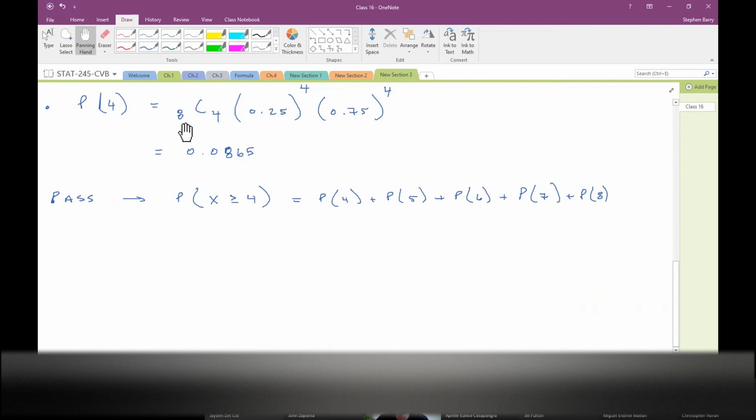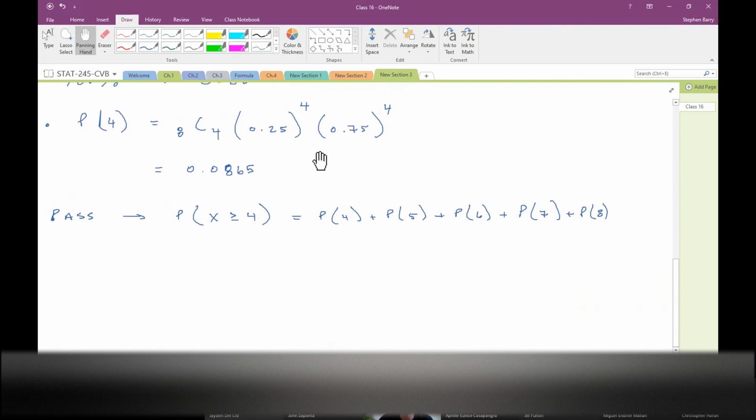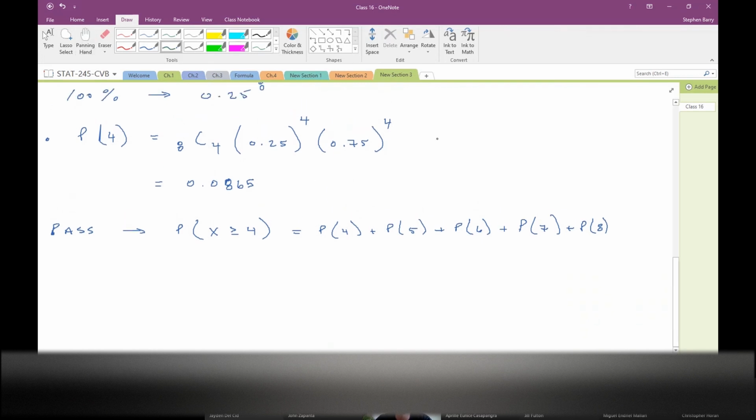And you could go into your calculator and change this to 5, change this to 5, change this to 3, and so on. Right? If you wanted to do the probability of, let's say, 5, the only thing that would change there would be 8 choose 5.